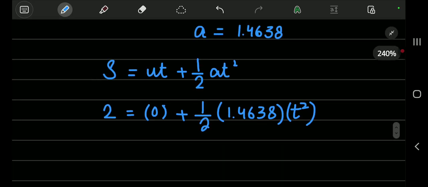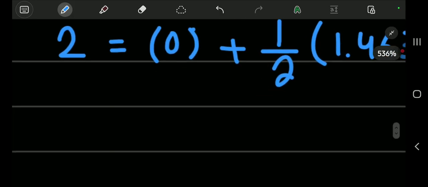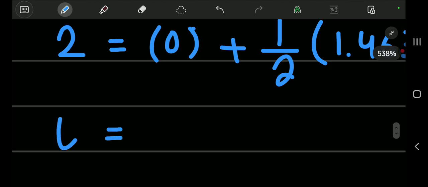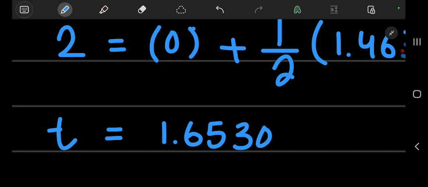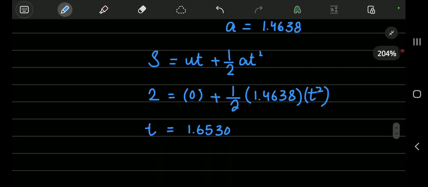When you solve it out, you will get the time to be 1.653. Okay, this is your time.